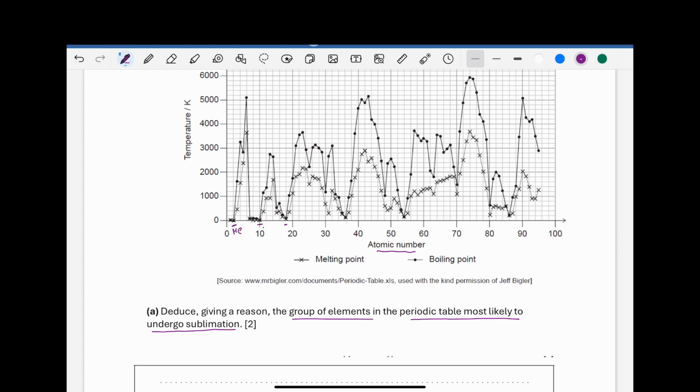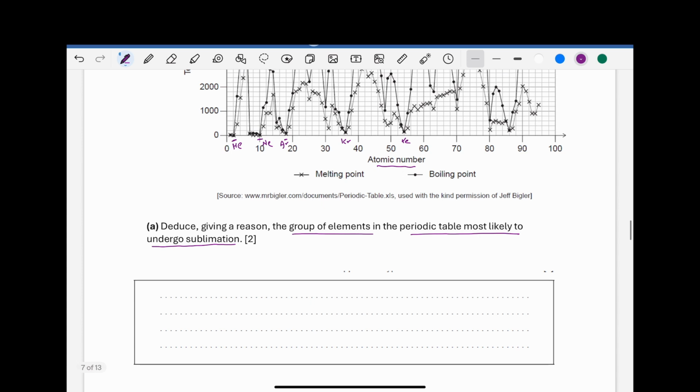So helium we have here, we have neon, we have argon, and then next we have krypton, which is 36, which is here, and then we have 54, which is xenon. So we can say group 18, or we can say noble gases.